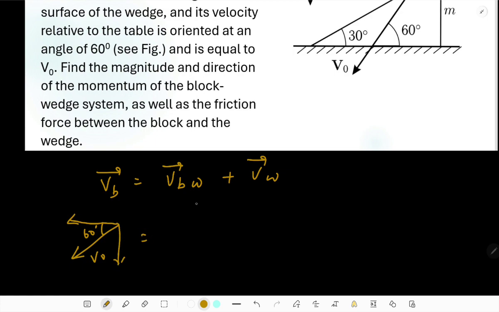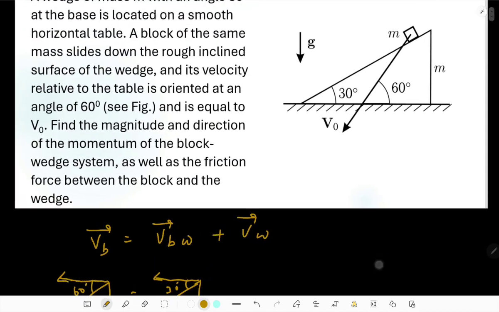Velocity of block with respect to wedge is not given. Let's call it v relative, but its direction is known and it is at an angle of 30 degrees with the horizontal.